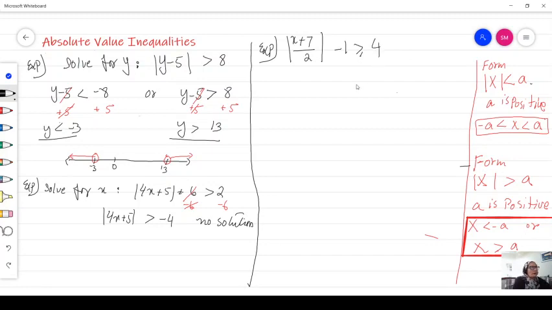Now, again, my absolute value expression has to be isolated, so I'm going to add 1 to both sides. They cancel out. And I'll go back here: the absolute value of x plus 7 divided by 2 greater than or equal to 5.